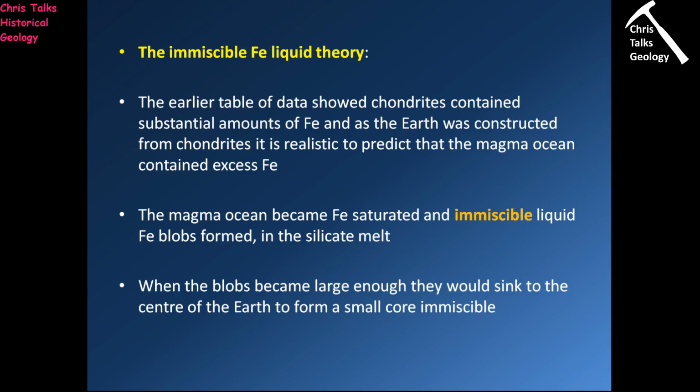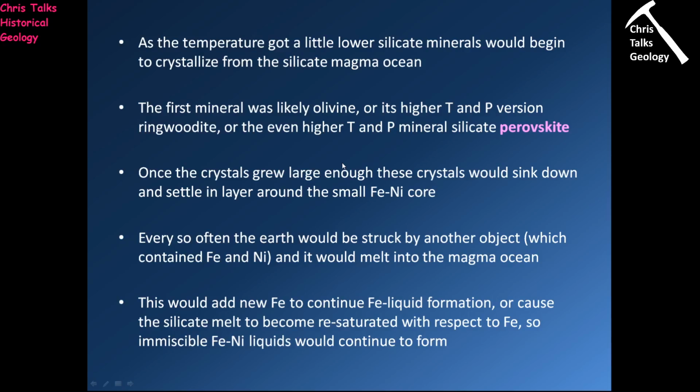We have our silicate magma ocean. It's saturated with iron, so we get this iron liquid forming. The iron liquid coalesces to form droplets. Those droplets become heavy enough that they begin to sink towards the center of the Earth, and they begin to form the Earth's core. So everything going well so far.